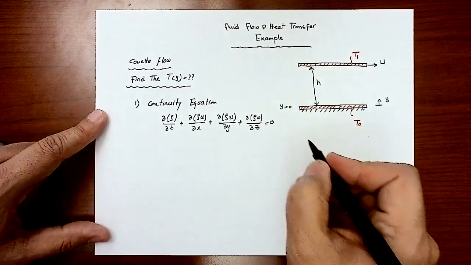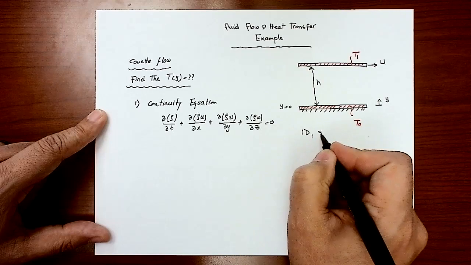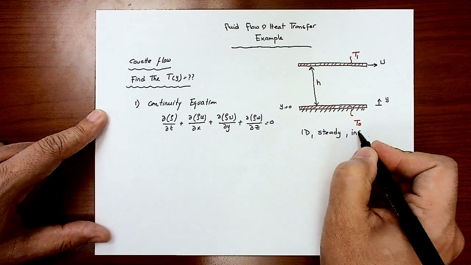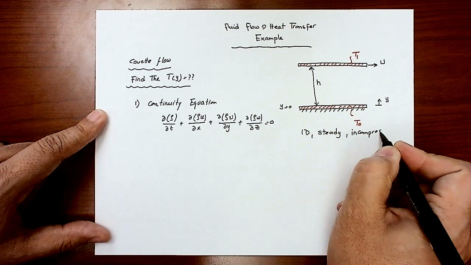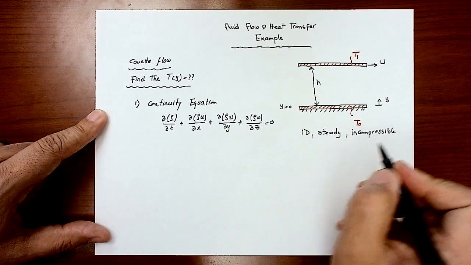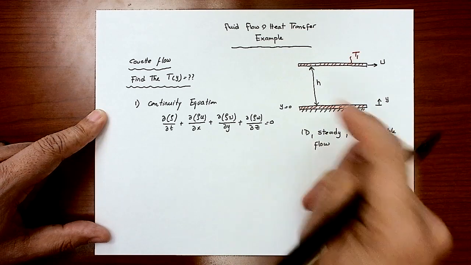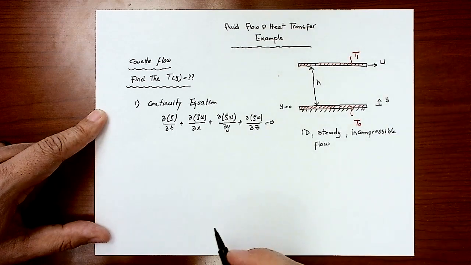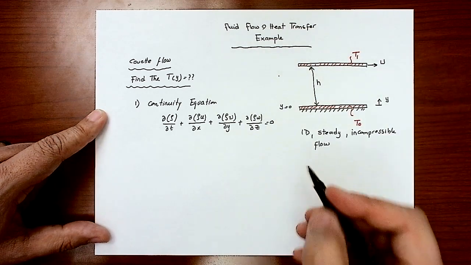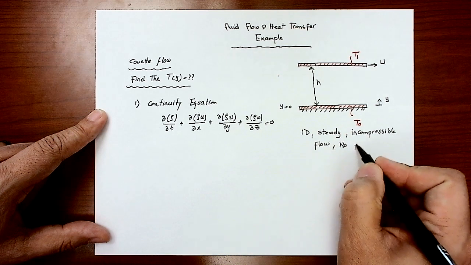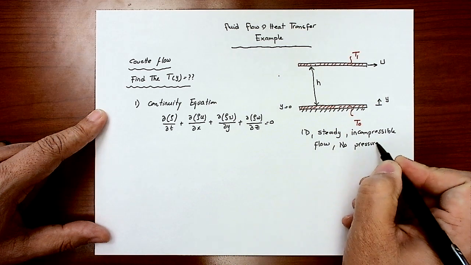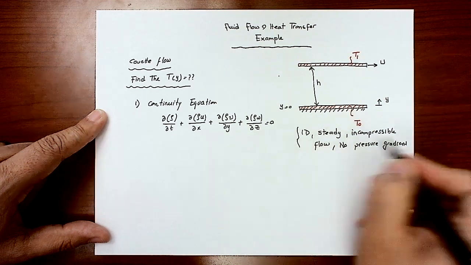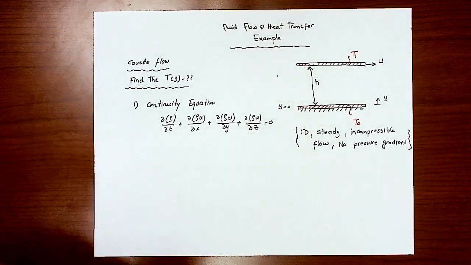Couette flow is simply one-dimension, steady, incompressible flow. There is no external driving force, so there is no delta P between the inlet and the exit. So the pressure gradient is 0. Just keep all of this information in mind, because it's going to simplify the existing equation.